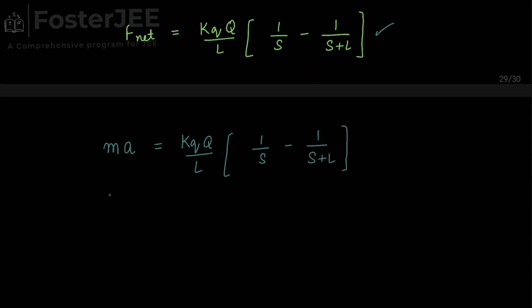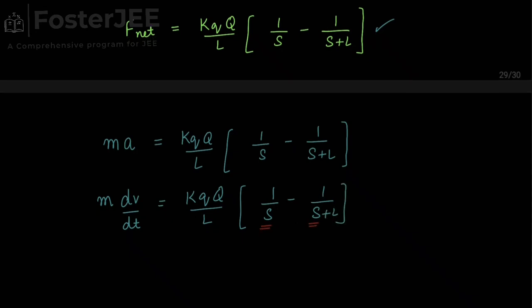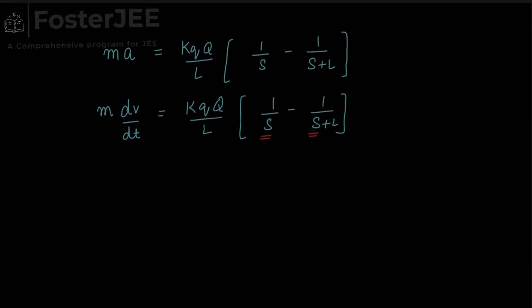Now we can write acceleration as dv by dt equals KQq by L, 1 by S minus 1 upon S plus L. Now note that in this equation only S is variable, the rest of the items are constant.